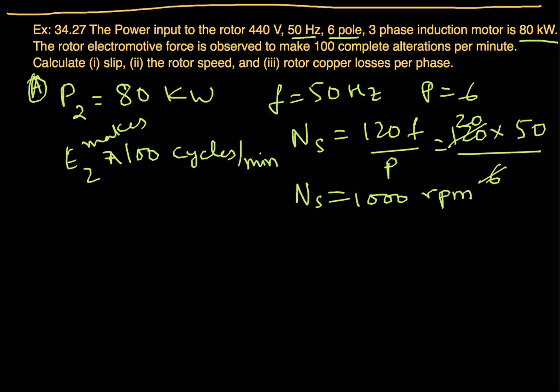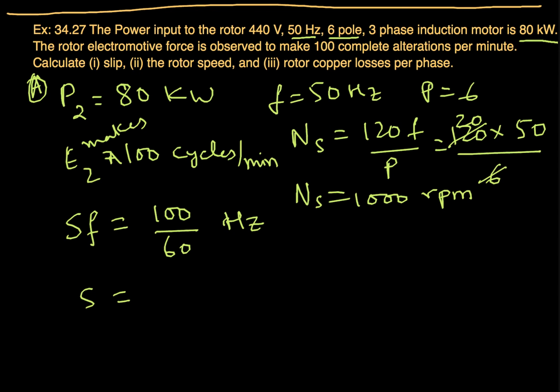The frequency of the rotor is defined as S into F, but that is 100 cycles per minute, or 100 by 60 cycles per second, and cycles per second is hertz. So from this I can find S.